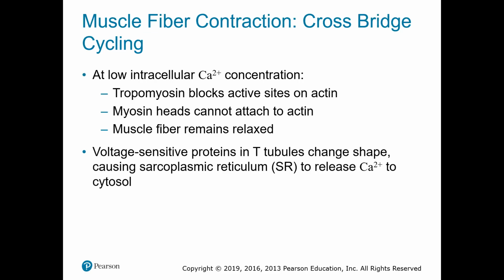Now, if you remember, the sarcomere has actin, the thin filament, on either side of each band of thick filament, the myosin. The myosin proteins are large structures made up of about 300 molecules. Each thick filament is made of about 300 molecules of myosin.